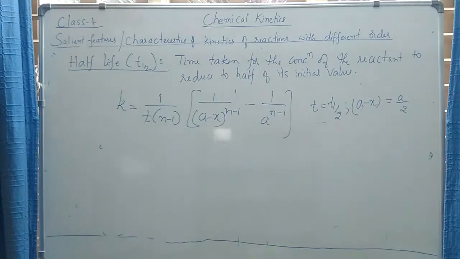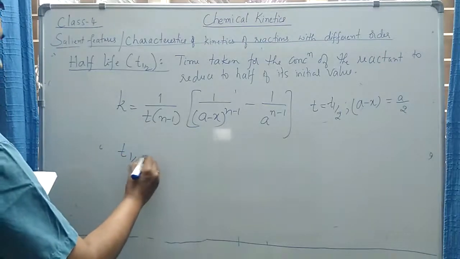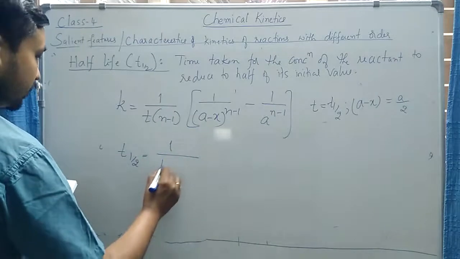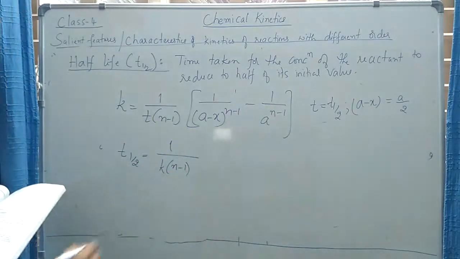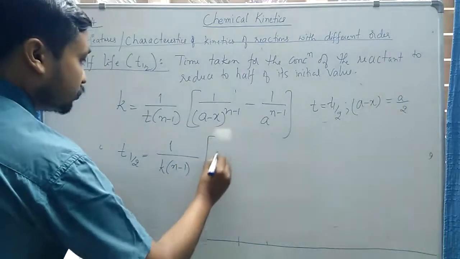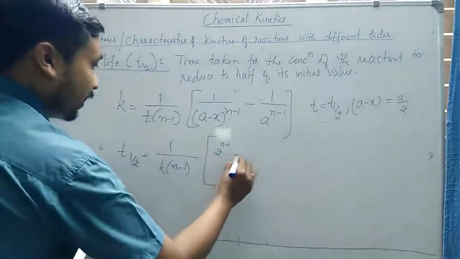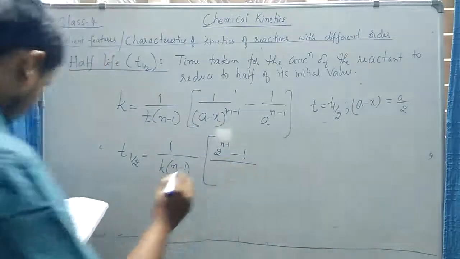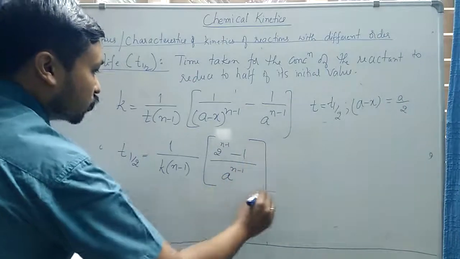The expression is T half is equal to 1 divided by K into n minus 1 into 2 to the power n minus 1 minus 1 divided by A to the power n minus 1.